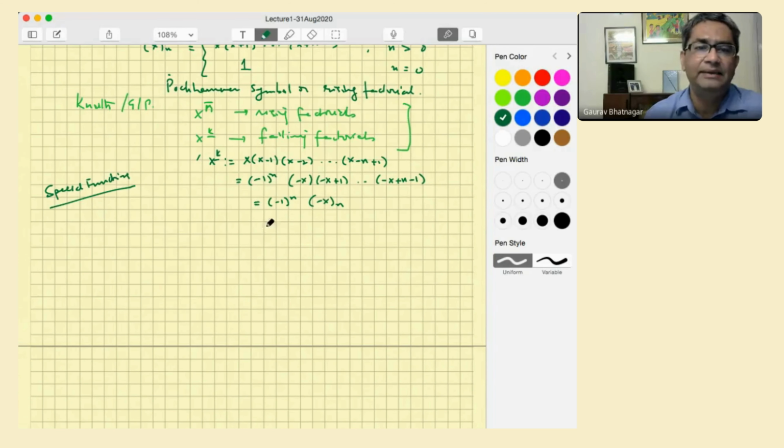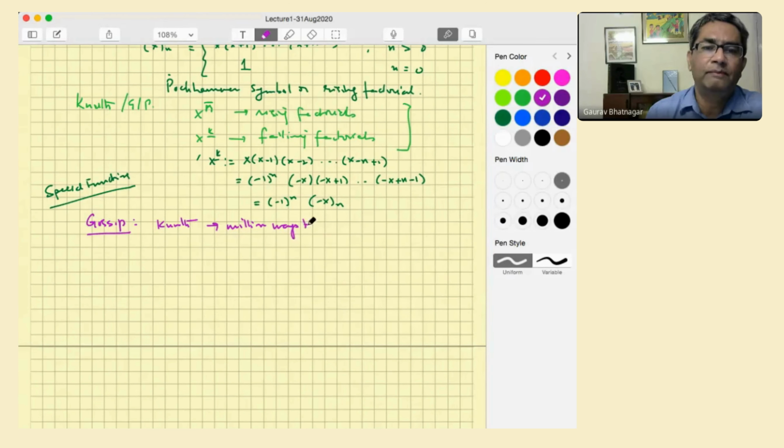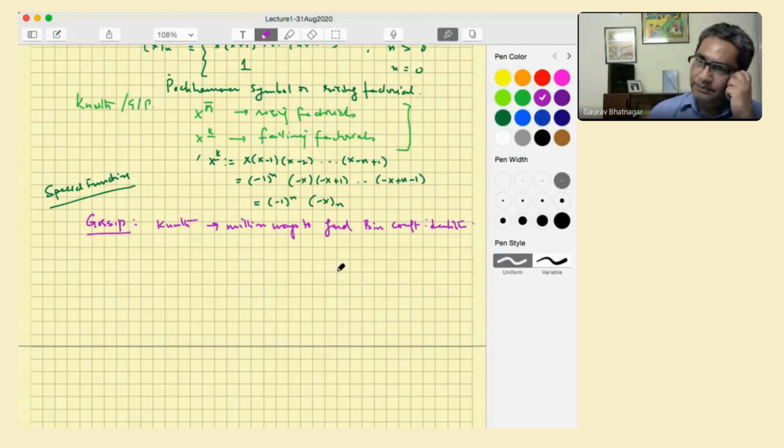So essentially, Knuth in his book, so this is an aside, I would say this is gossip, he has a million ways to handle binomial coefficient identities.